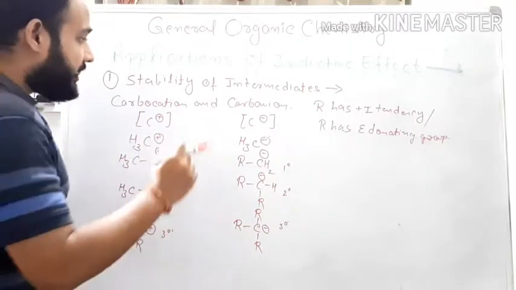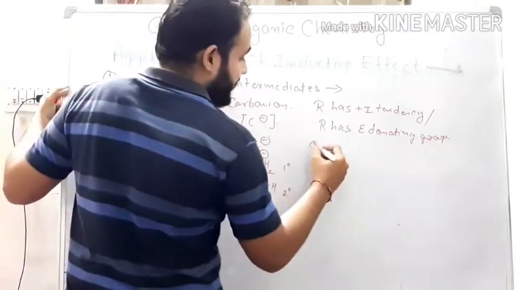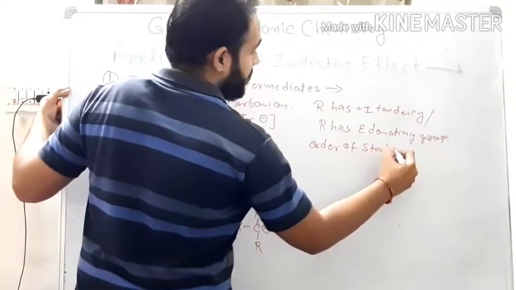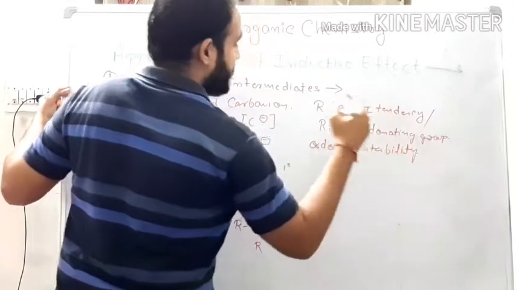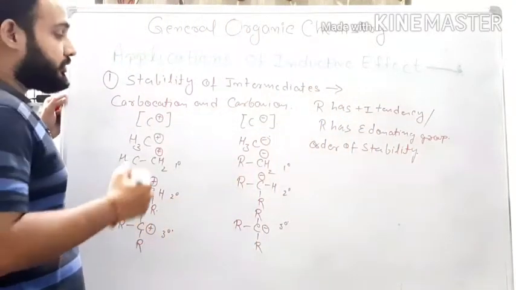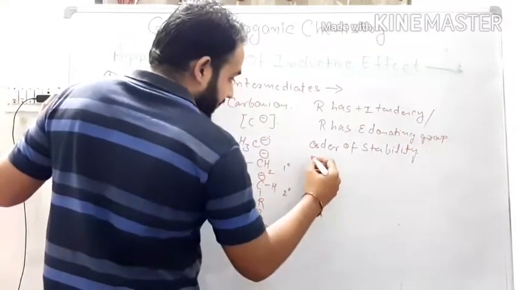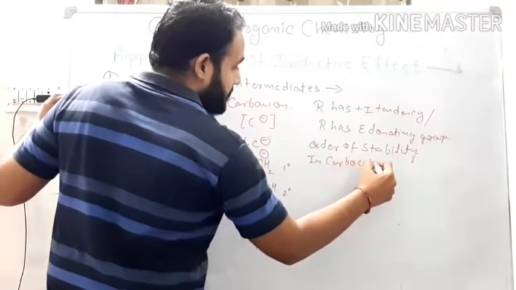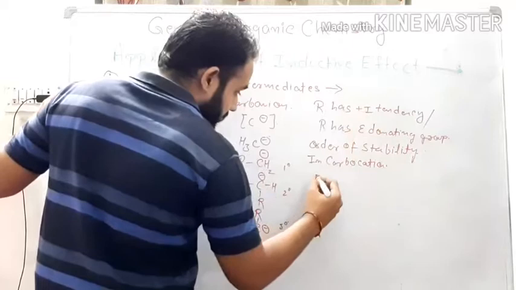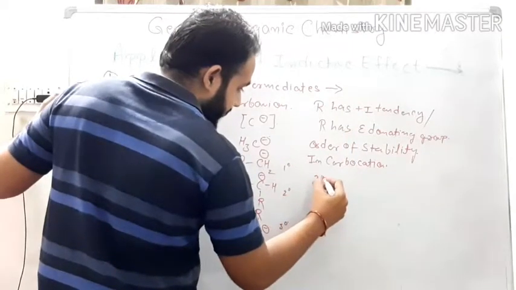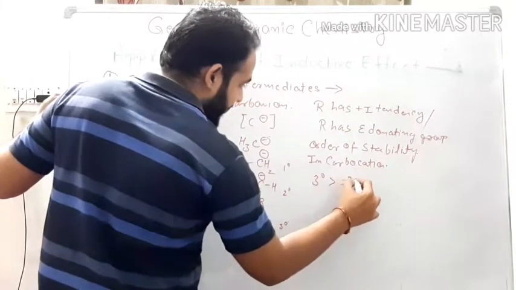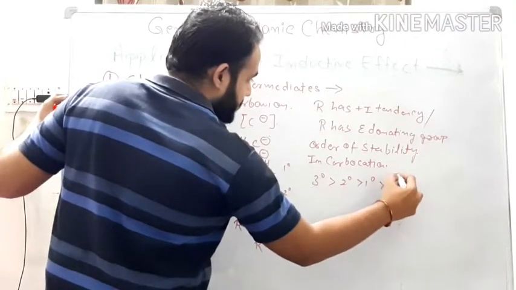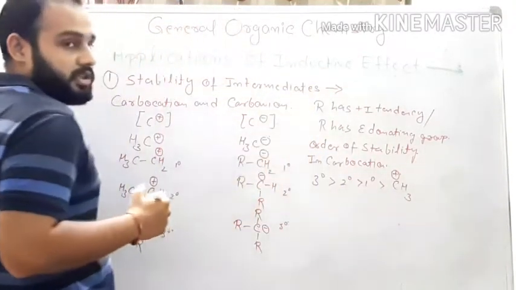Okay, so when you find the order of stability according to this I concept, inductive effect concept, in carbocation, tertiary is the most stable, then secondary, then primary, then your CH3 positive.